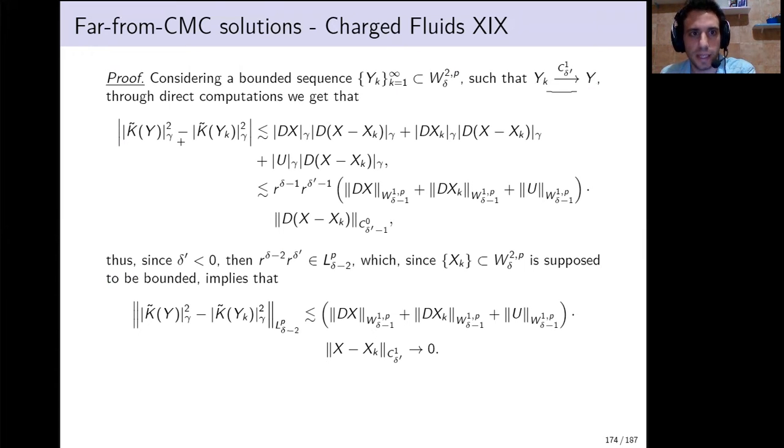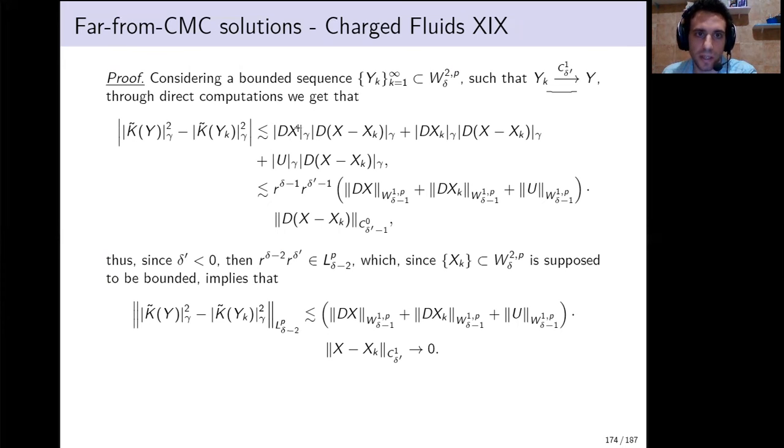And through direct computation, one can see these first estimates hold. This is a very direct computation that can be checked. And then here we apply again these Sobolev embedding properties, the same kind of property that we used above in order to estimate each of these coefficients.